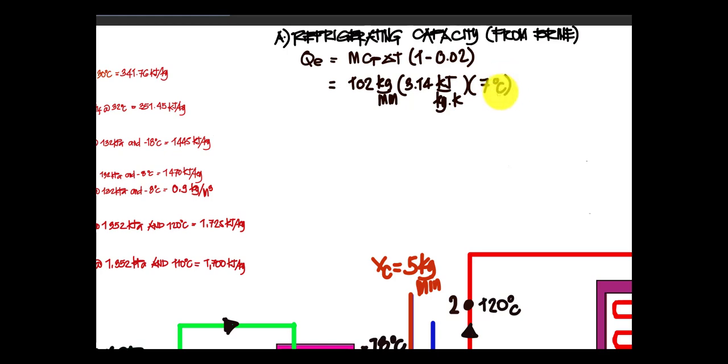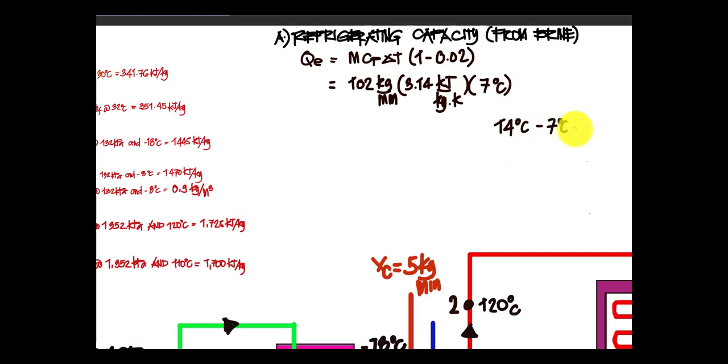We don't need to add 273 to convert this to Kelvin, because this is already the change in temperature. For example, if I have 14 degrees Celsius minus 7 degrees Celsius, this is already 7 degrees.